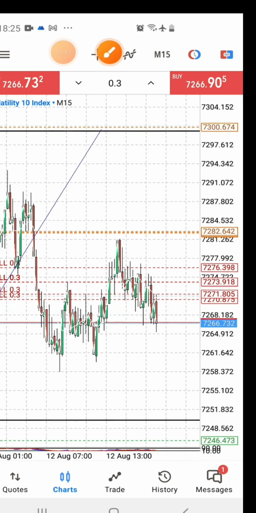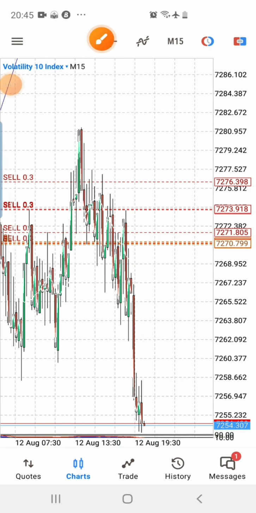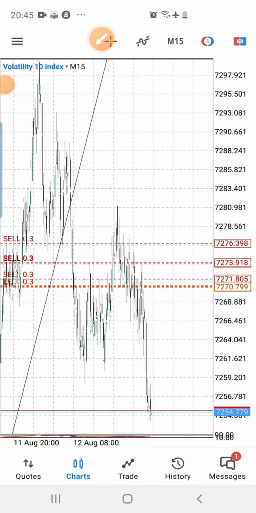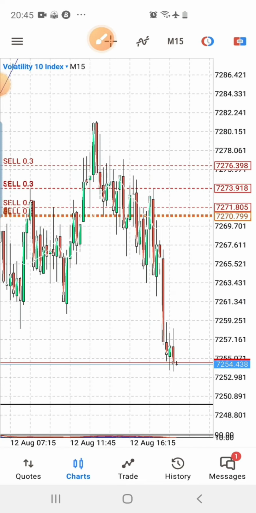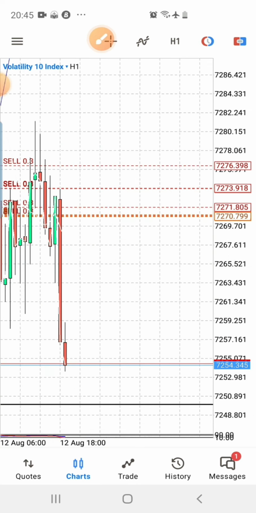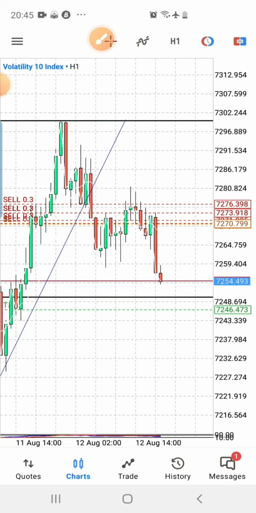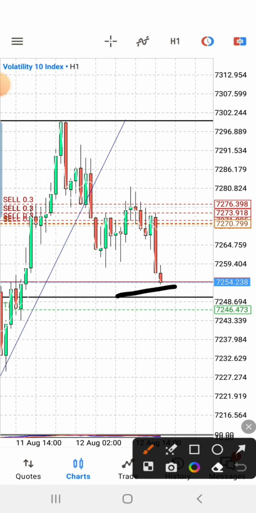All right guys, as you can see right here, the price is still pushing way to the downside. From here you can see clearly that we are about hitting our target.